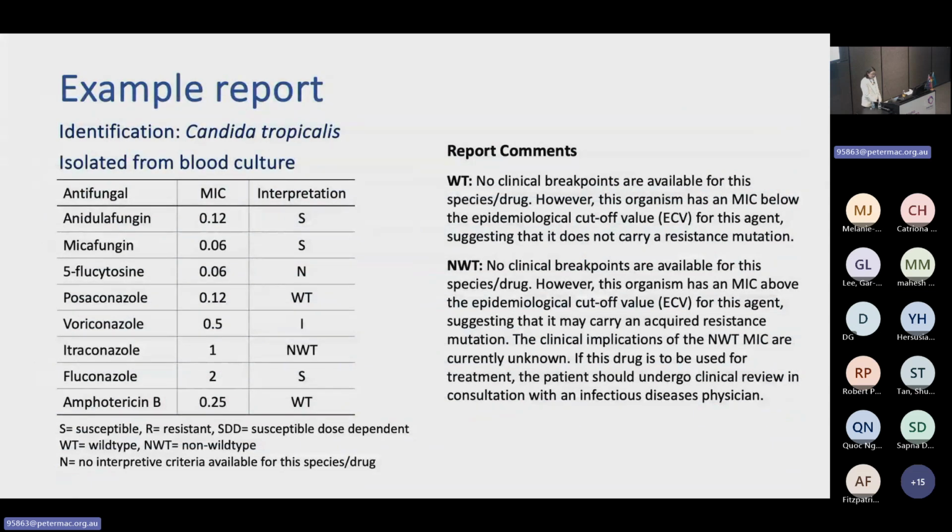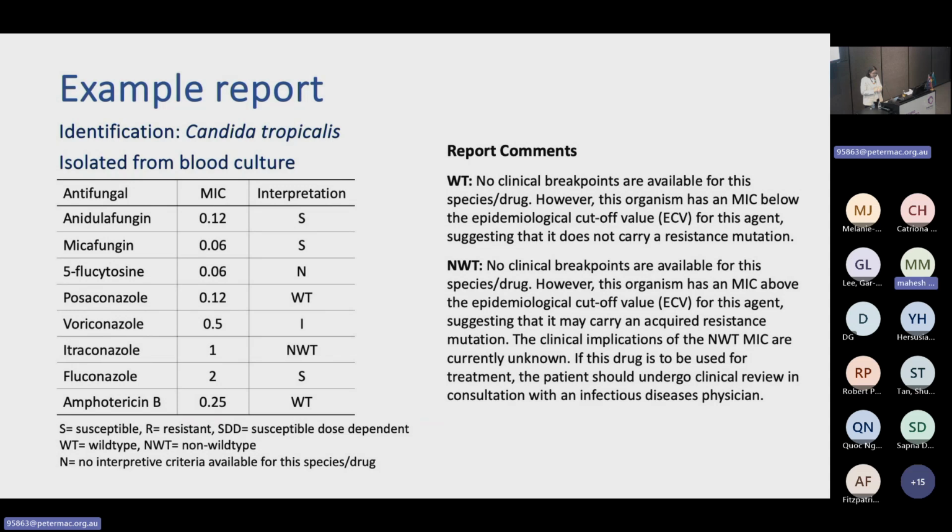As an example of what that might look like on a lab report, say for a Candida tropicalis isolate from a blood culture, these MICs have been generated using the Candida yeast 1 YO10 panel in our lab. And so we've applied CLSI breakpoints where they are available. Where they're not available, we've applied ECVs, so posaconazole, itraconazole, and amphotericin B have had ECVs applied to determine whether they're wild type or non-wild type.